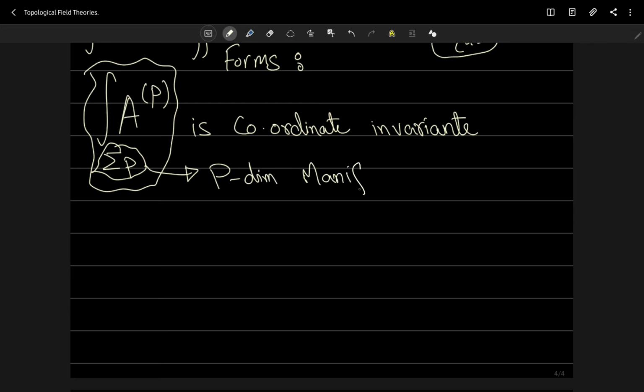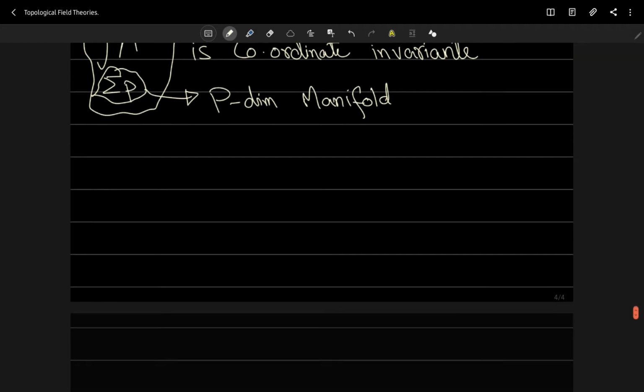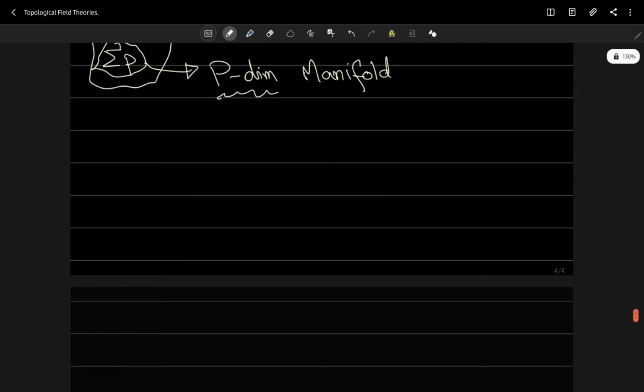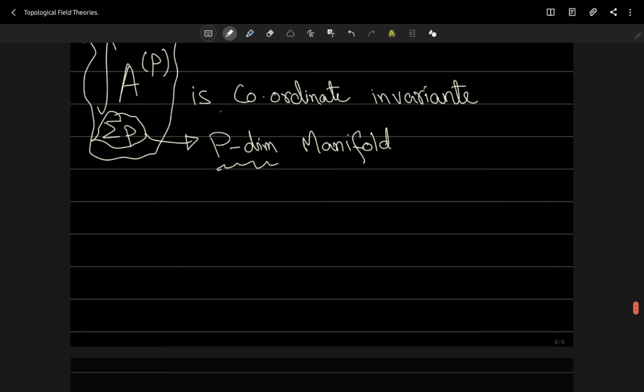Something that you are integrating on, so it must have dimensions, and that is your P dimensions, right? Okay, so recall also that this thing was coordinate invariant. I don't know why I wrote E over here, but yeah.